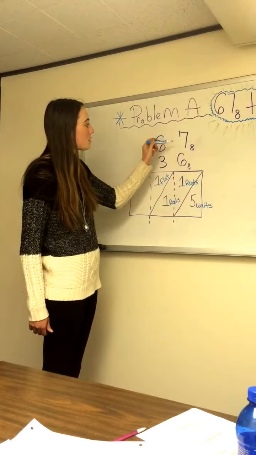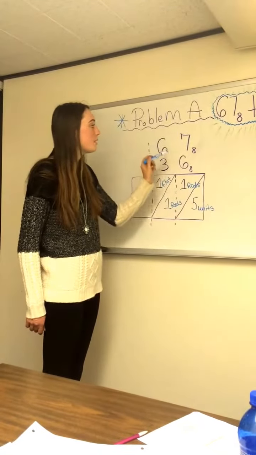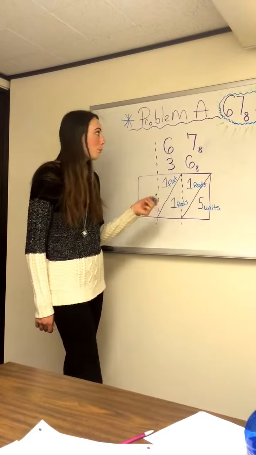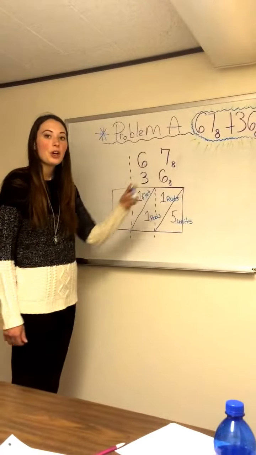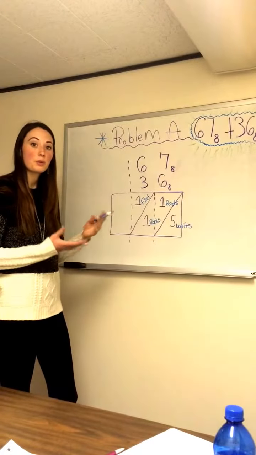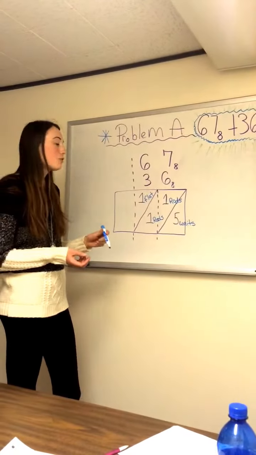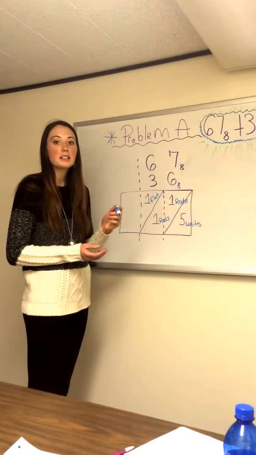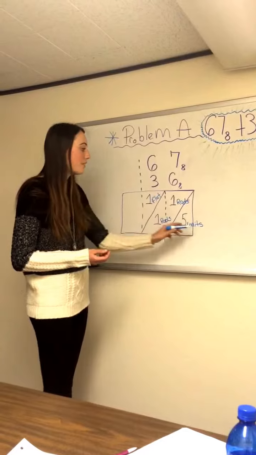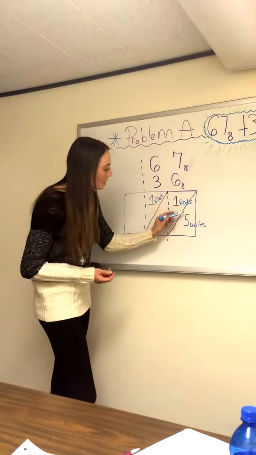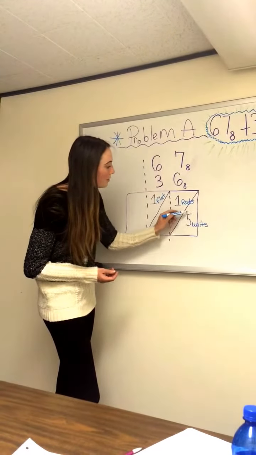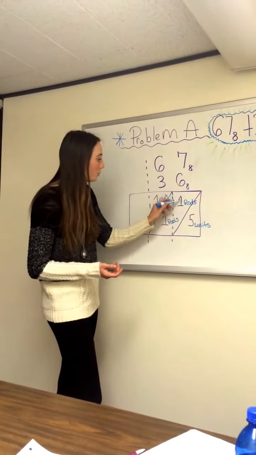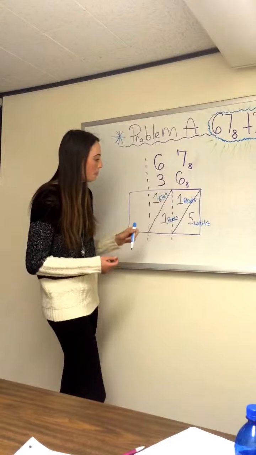So when we start, we'll start with 7 plus 6, which is 13. But since we're in base 8, we can trade. Since we have 13, we can trade in for 1 rod. So 13 minus 8 is 5. So we have 5 units left over. So down here, we will put 5 in the units place. And since we traded for a rod, we'll put 1 in the rod's place.